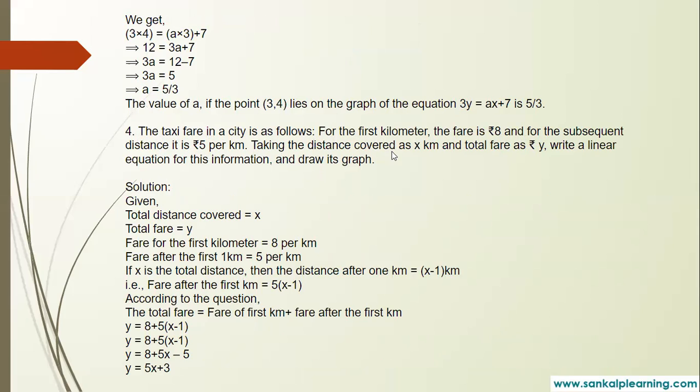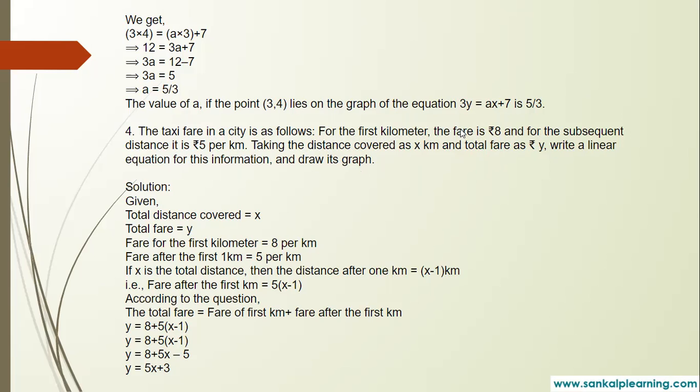Taking the distance covered as x kilometer and total fare as rupees y, write a linear equation for this information and draw its graph. Okay, children, understand the question? So for first kilometer, the fare is 8 rupees. Okay, for remaining distance, it is 5 rupees per kilometer.